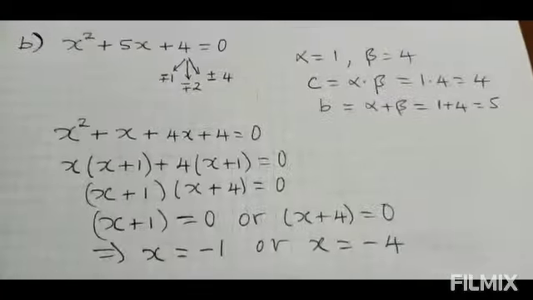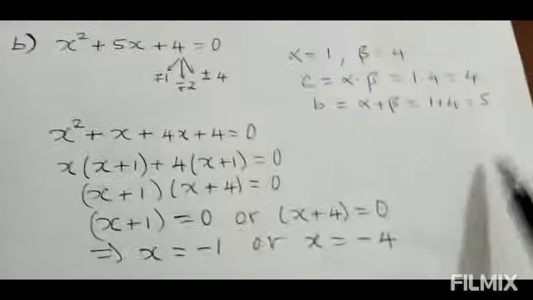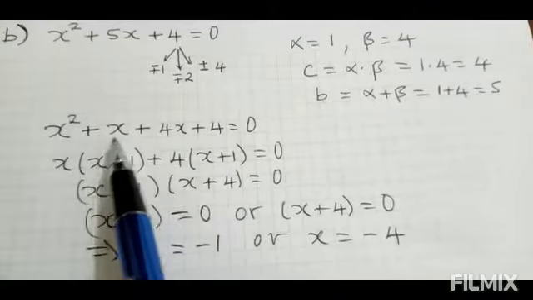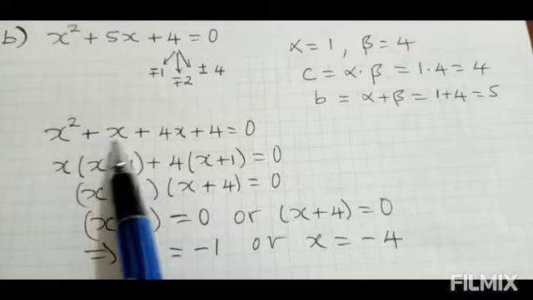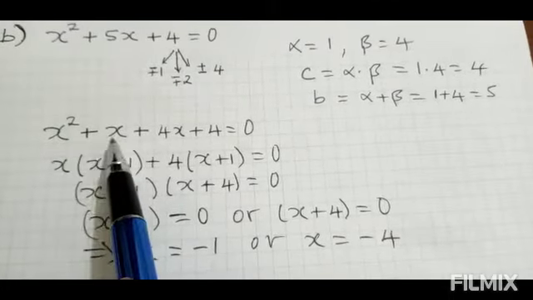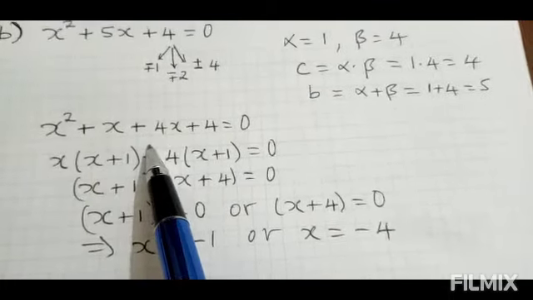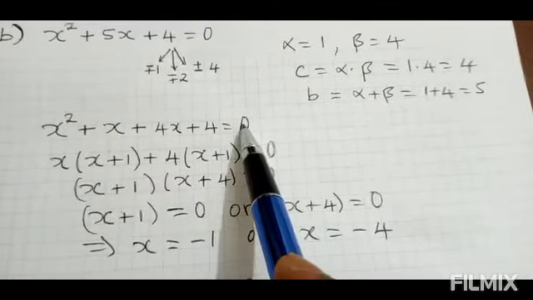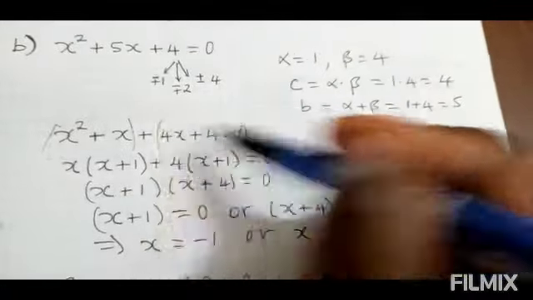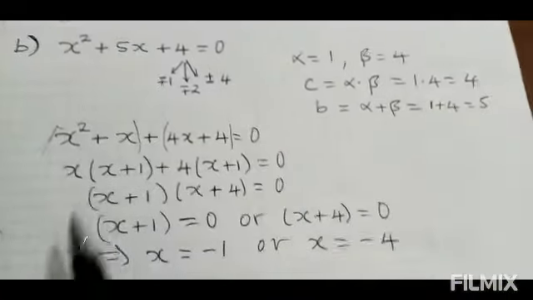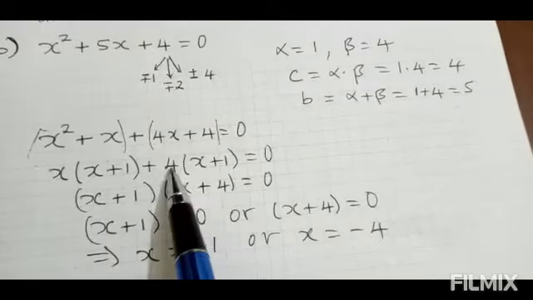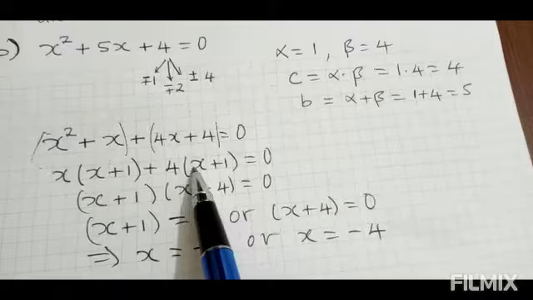Now that we know our factors: x squared plus x, why are we saying x here? Because the coefficient of x is 1. x squared plus x plus 4x plus 4 is equal to 0. Then we group them. What is common here? x, so x times (x plus 1). What is common here? 4. We remain with x plus 1.